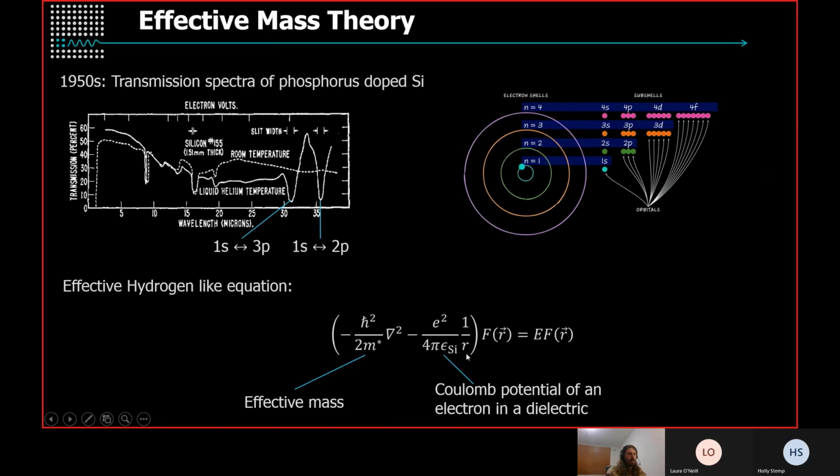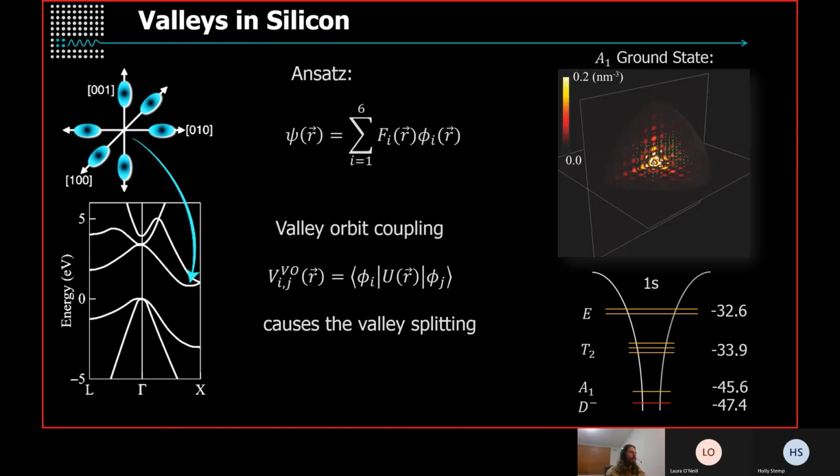And instead of the Coulomb potential of the proton and the electron in vacuum, they gave the crystal electron the Coulomb potential of an electron in the silicon dielectric. And this theory was really quite successful in predicting these main orbitals of the phosphorus donor.